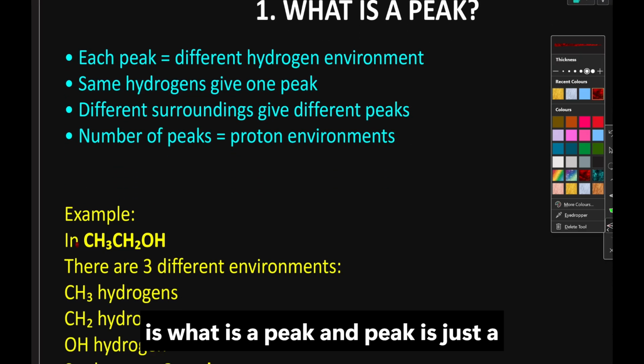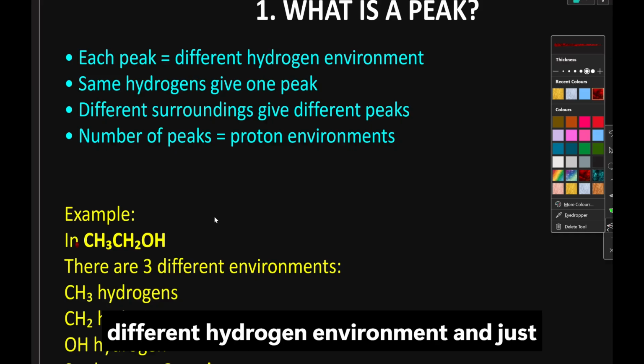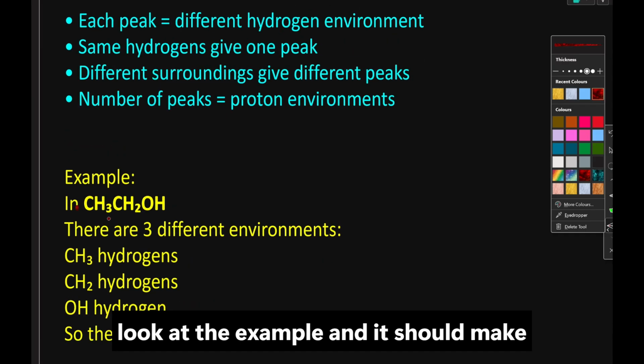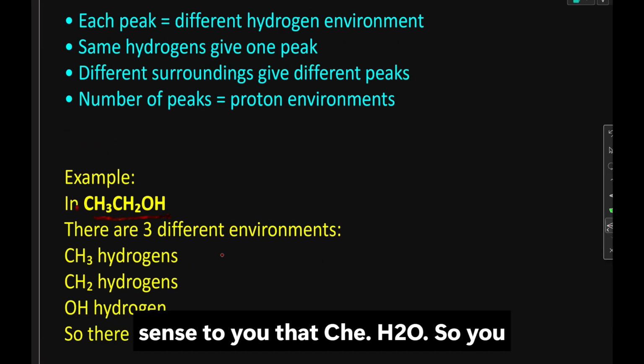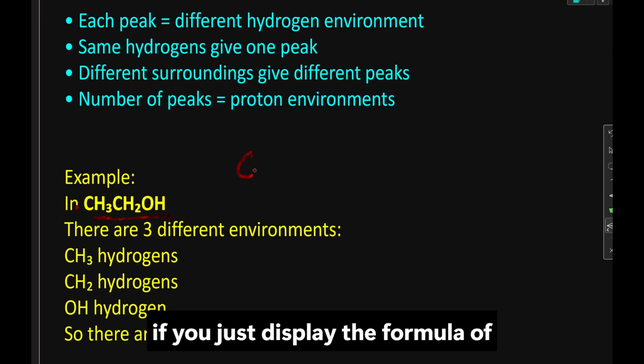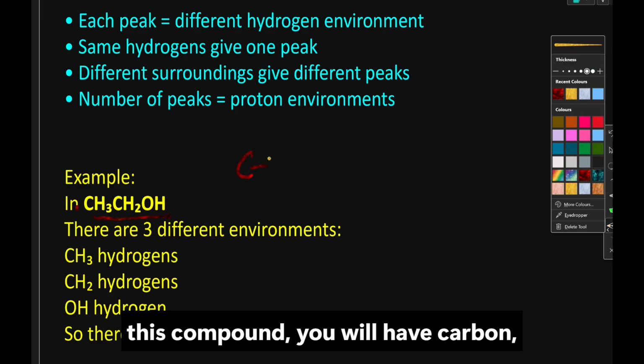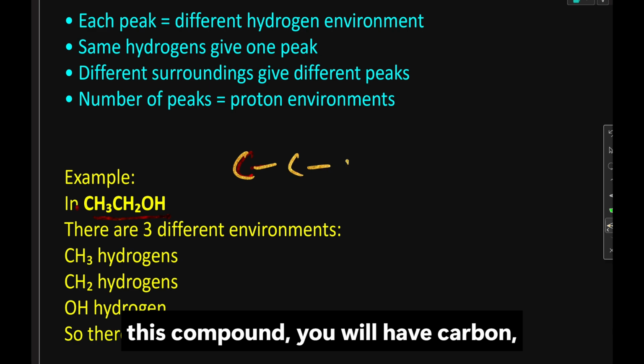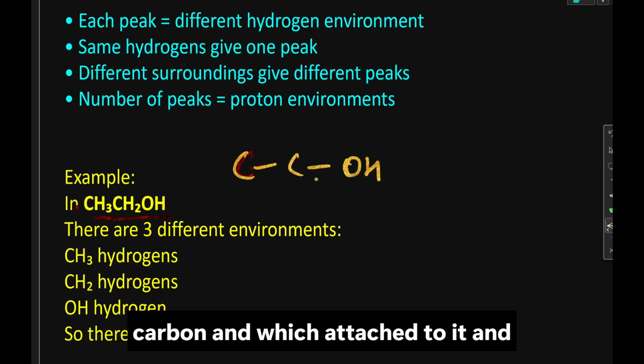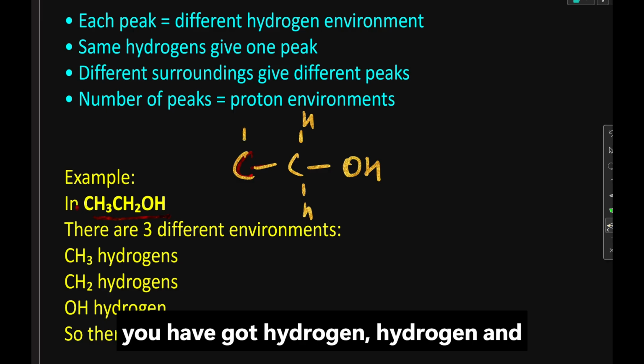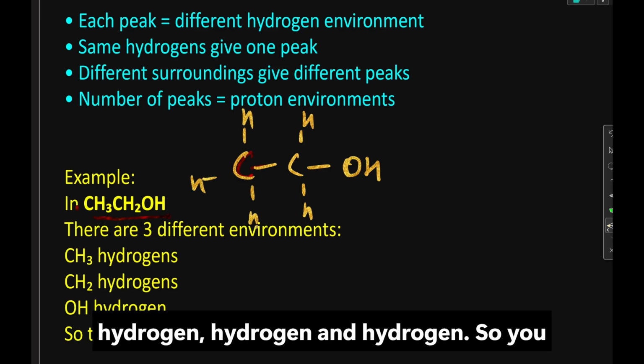A peak is just a different hydrogen environment. Just look at the example, and it should make sense. CH3COCH2OH. If you display the formula of this compound, you will have carbon, carbon, and OH attached to it, with hydrogens on each.